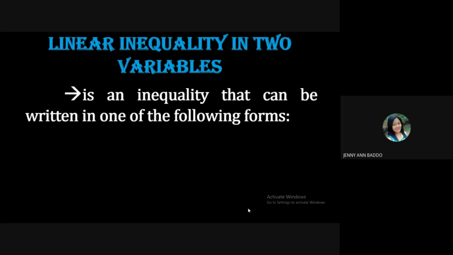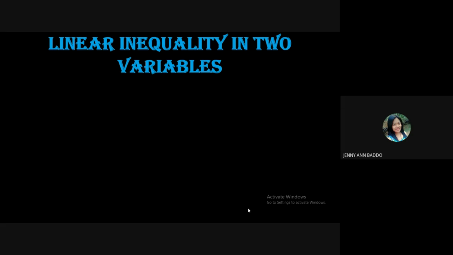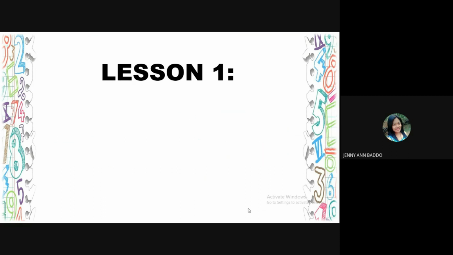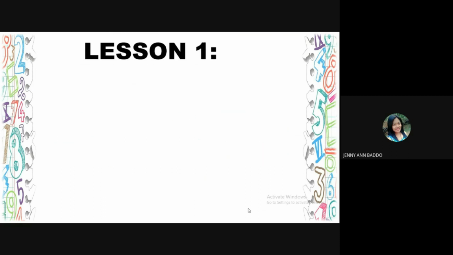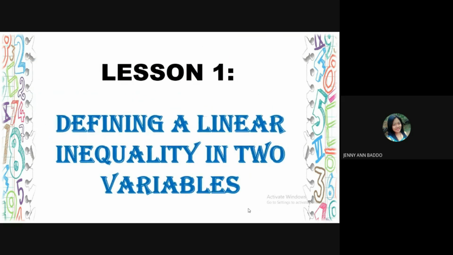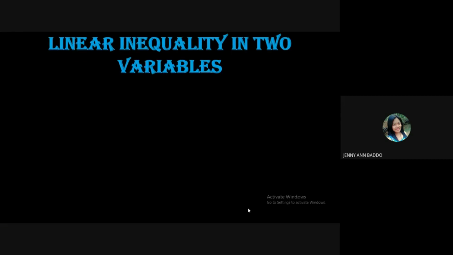So wait a minute. Let's now have our first lesson. Defining a linear inequality in two variables. What is a linear inequality in two variables?